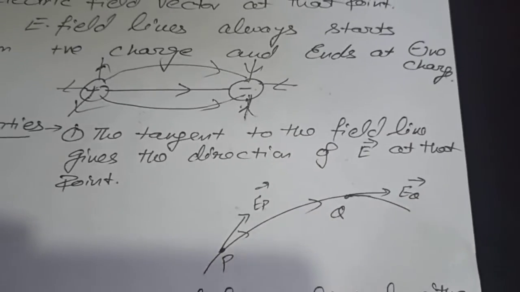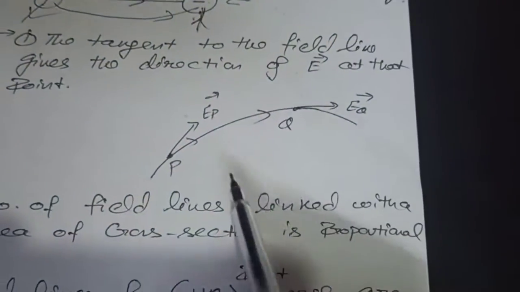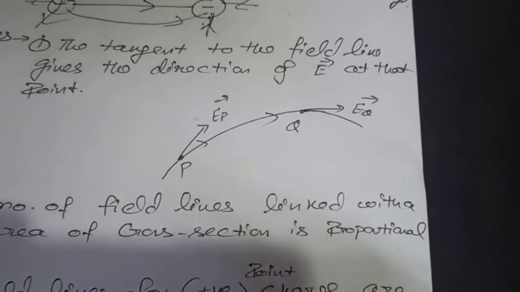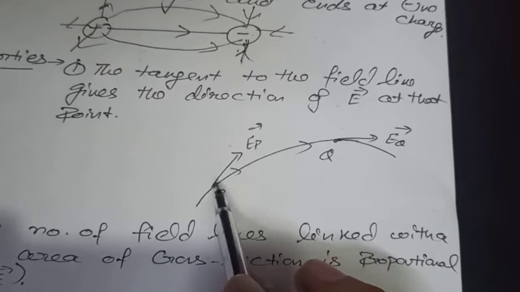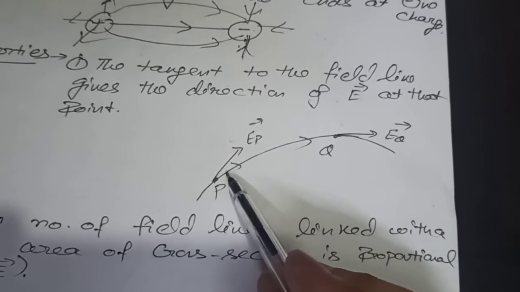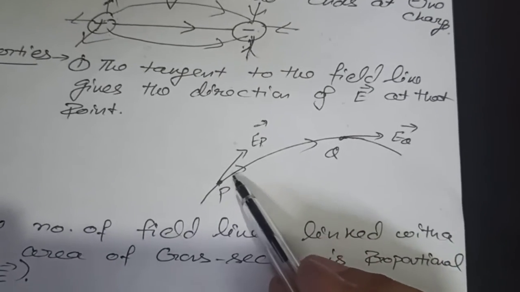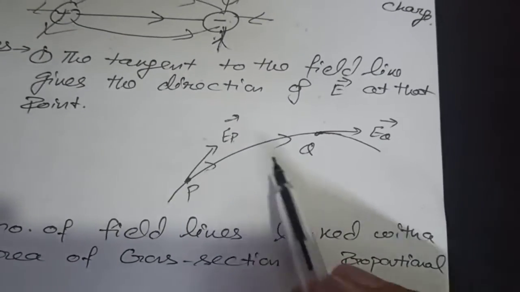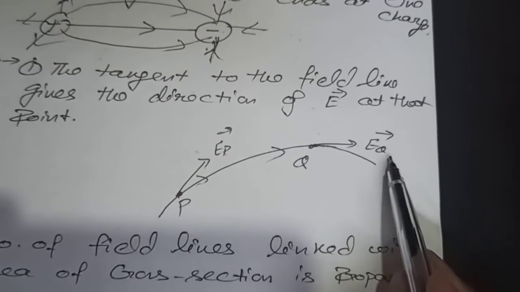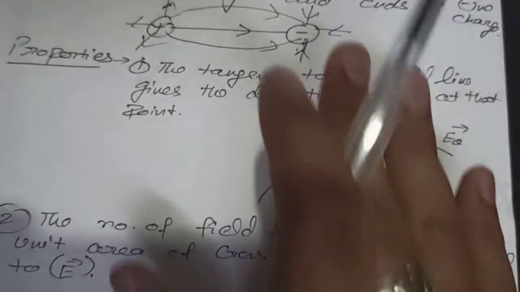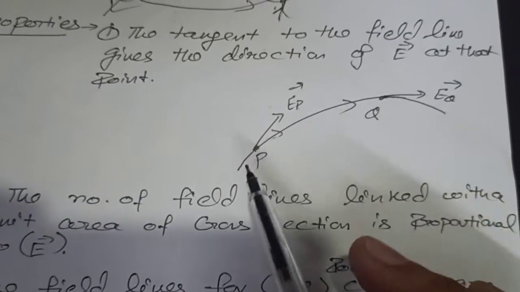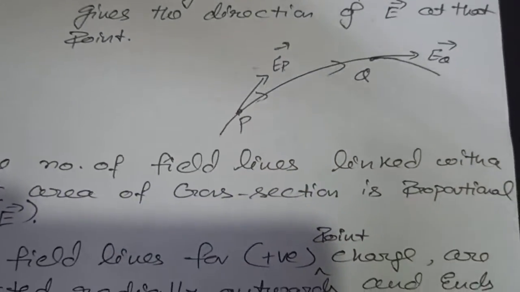Now, what is the tangent? Let us suppose this is the electric field line and I want to know its direction at any point. This is the point P, this is the point Q. If I draw the tangent at point P on this curve, then EP denotes the electric field direction at point P, and the tangent at point Q, EQ, denotes the electric field direction at Q. So the tangent at any point on the electric field line represents the direction of the electric field at that point.